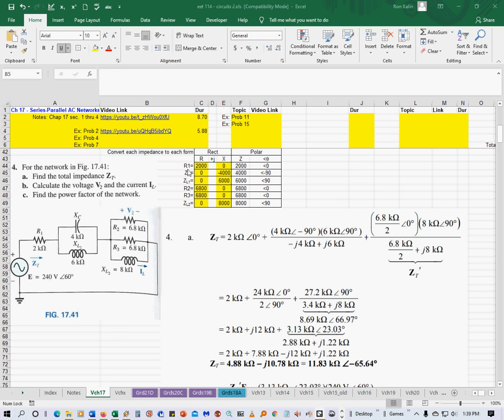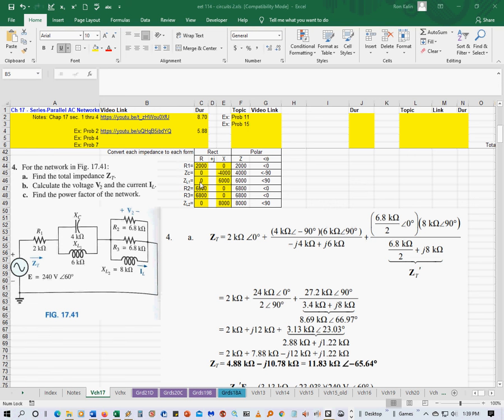R1 is 2000 plus J0 or 2000 angle 0. ZC is 0 minus J4000 because it's 4 kilo ohm, so 4,000 angle of negative 90 in polar form.